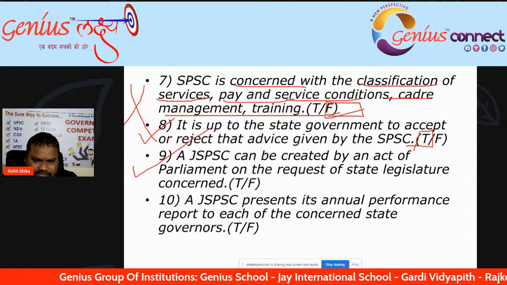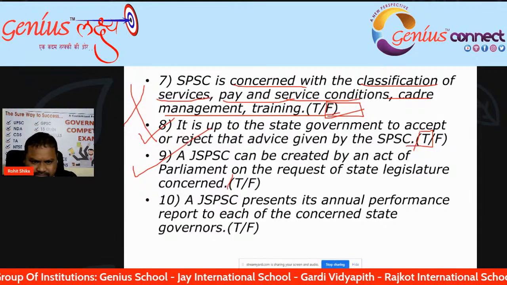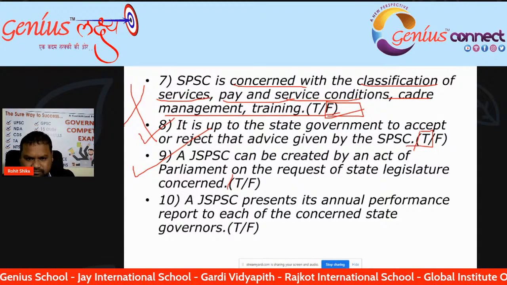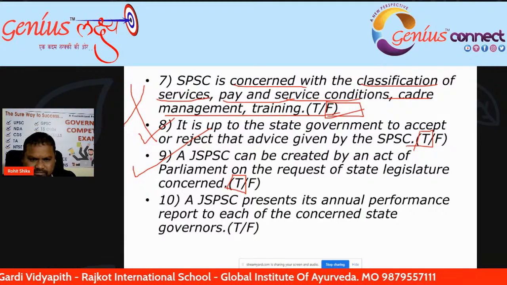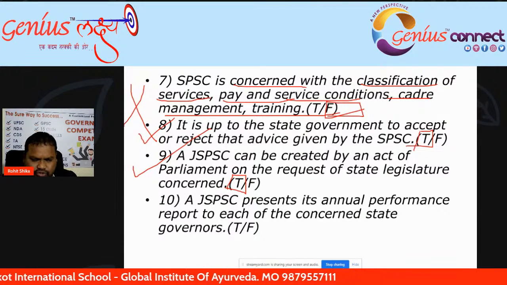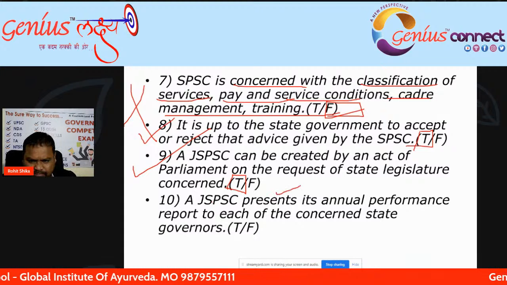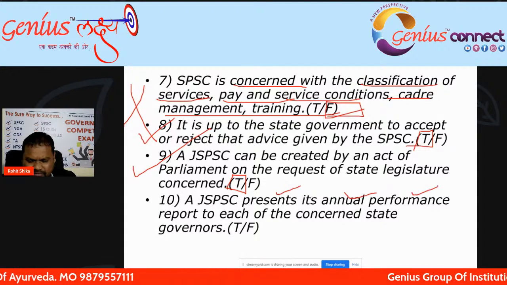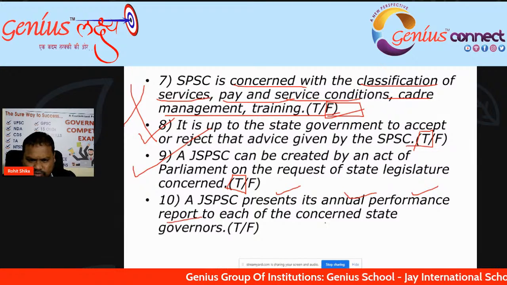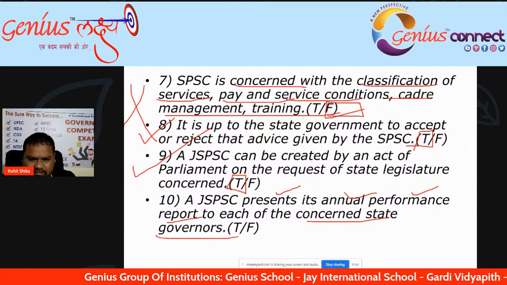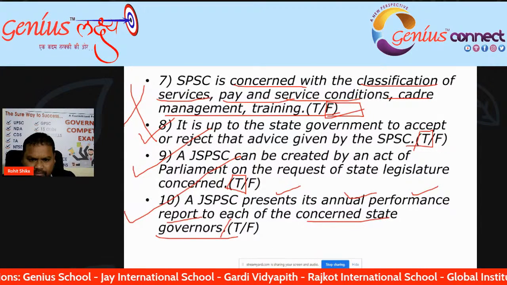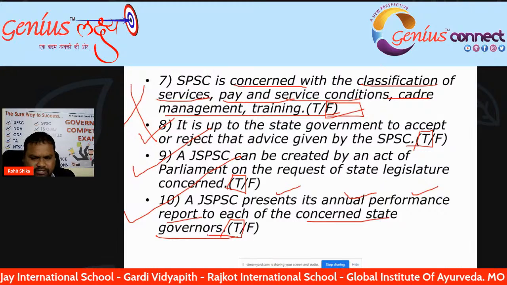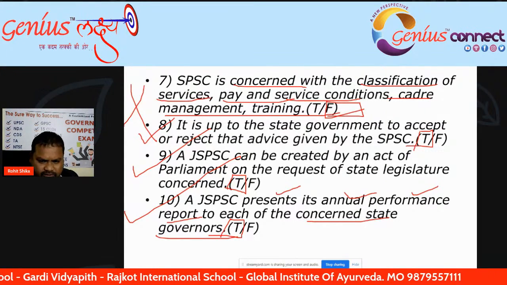Correct. A Joint State Public Service Commission presents its annual performance report to the concerned state governors. True. They submit the report to their respective governors.